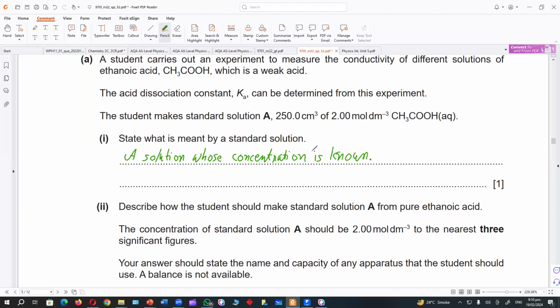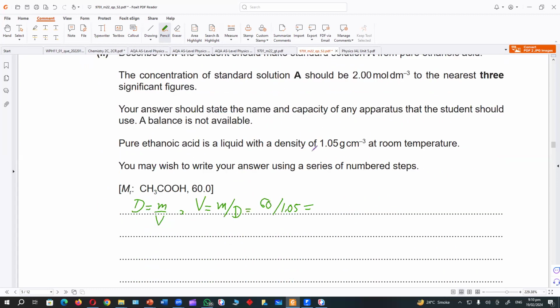So we can find the number of moles from 250 cm cube, n is equal to Cv. And once we get the number of mole, we can find the mass. Let's try this routine also.